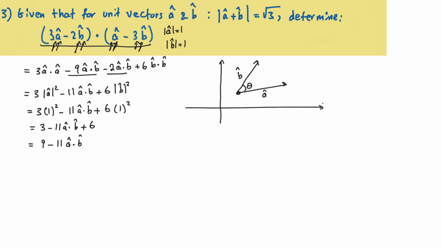And if we were to add vectors A and B, I would have to take B, take its tail, put it here, and add it to vector A. So this is my vector B, and my resultant vector would come from here and go all the way there.